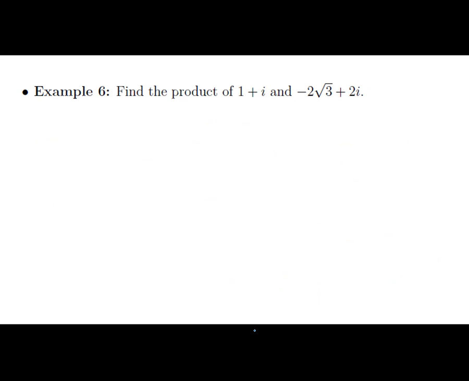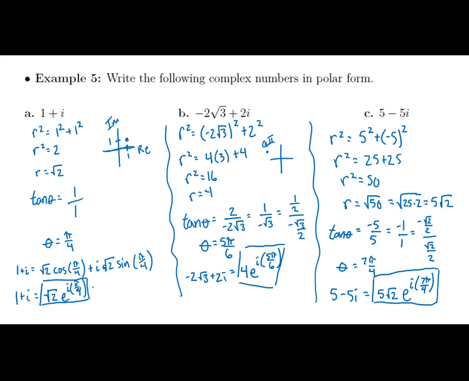So we're asked here to find the product of 1 plus i and negative 2 root 3 plus 2i. So what I want to do is show how slick multiplication works if you have them in polar form. So both of these are ones that we just wrote in polar form on the previous page. So our 1 plus i was this one, and here's our negative 2 root 3 plus 2i here.